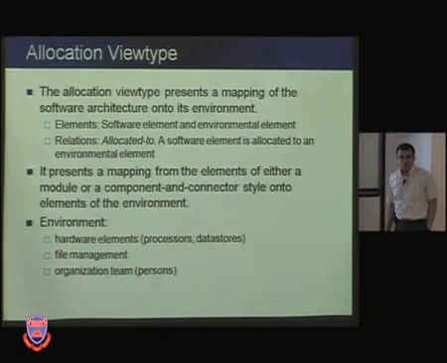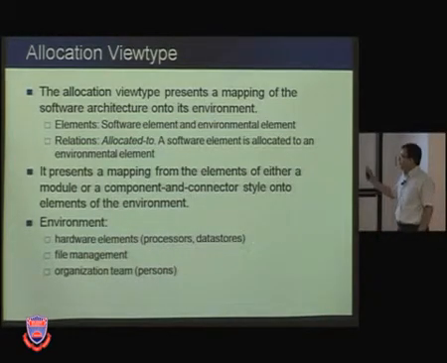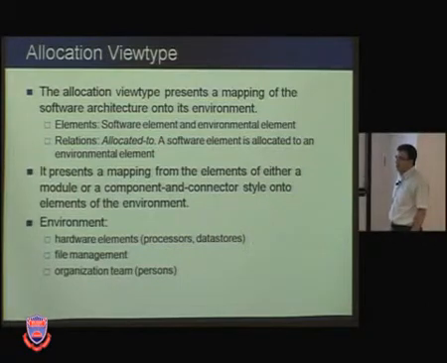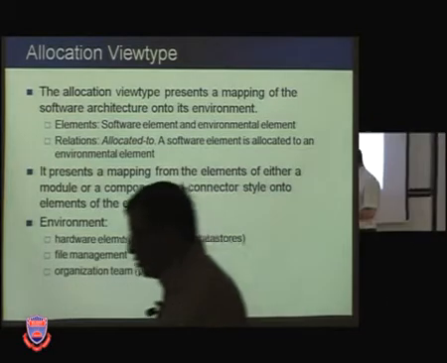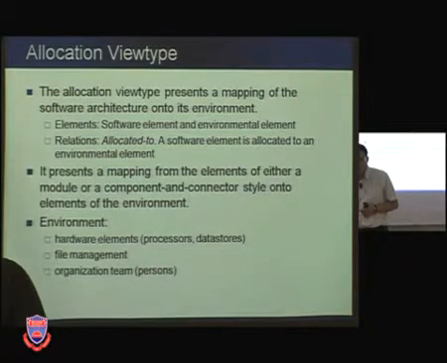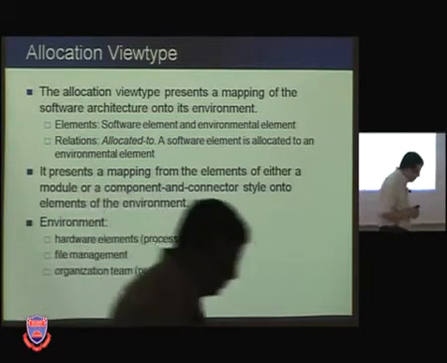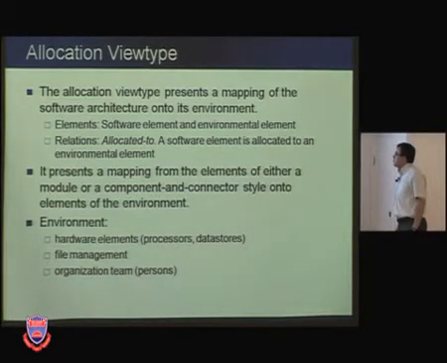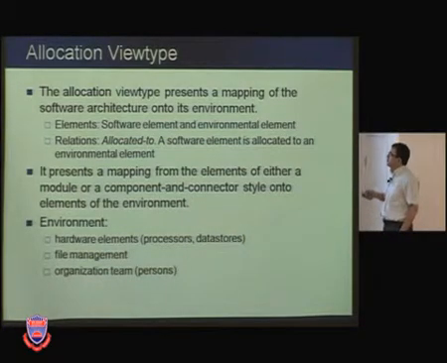Shall we break? Okay, we continue with this. The allocation view type, that's the third view type. Here you have software that you have to map to non-software. The allocation view type presents this mapping of the software onto its environment.